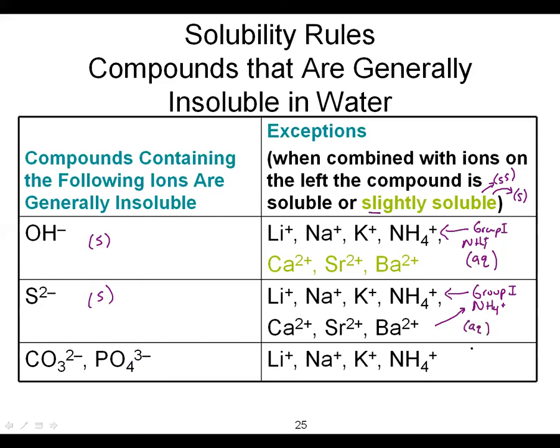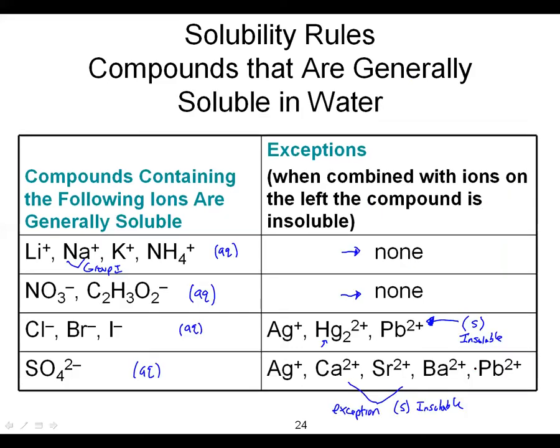And lastly, carbonates and phosphates are typically insoluble, except for group 1 from the periodic table and ammonium. If you have any of those exceptions, they go the opposite direction. Any questions on those?